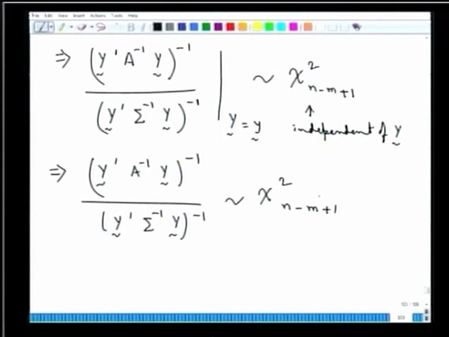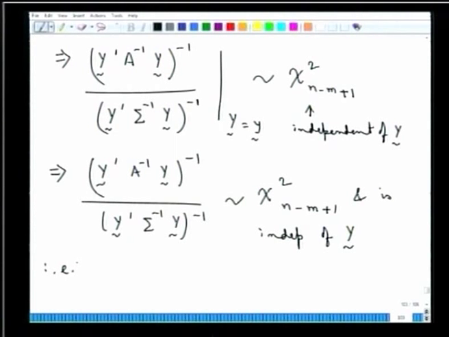Since the unconditional distribution is the same as the conditional distribution, this is independent of the conditioning random vector, which is y.